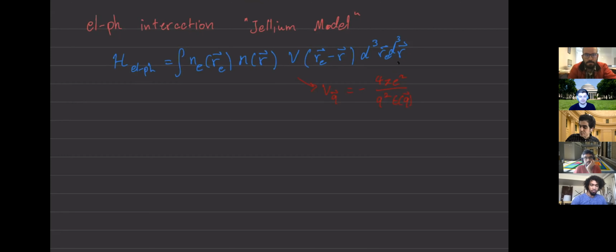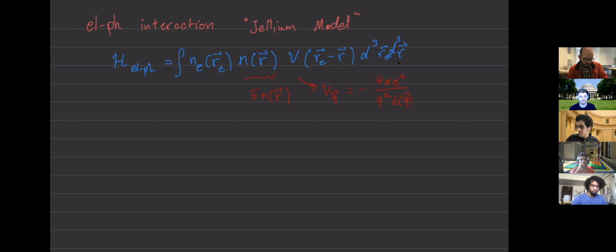So, saying that instead of I have a positive background and some oscillations, and the positive background is going to give me some constant energy that I'm not concerning myself with, and what I need about this in the linear terms is just the oscillations in the positive background.